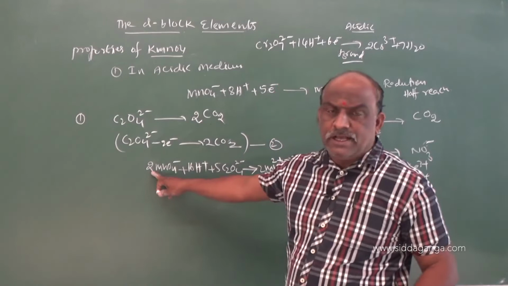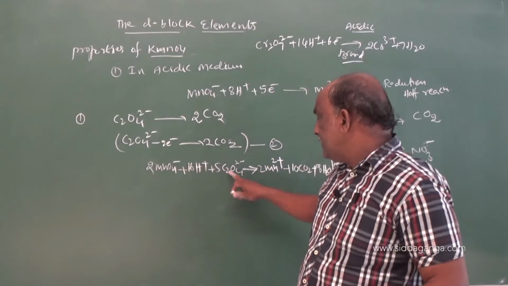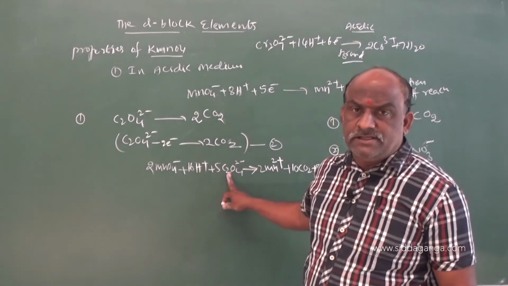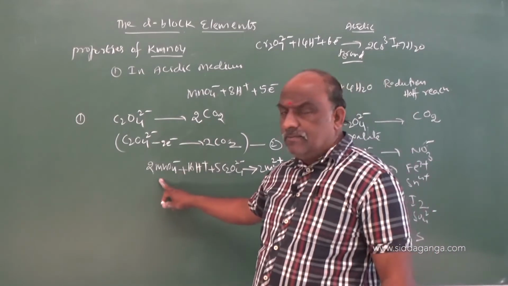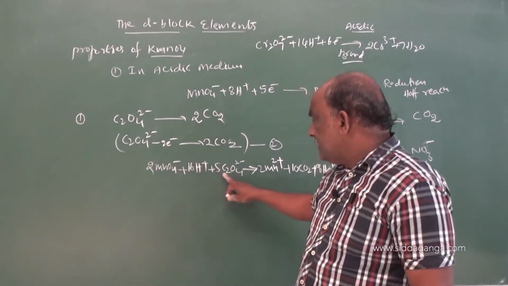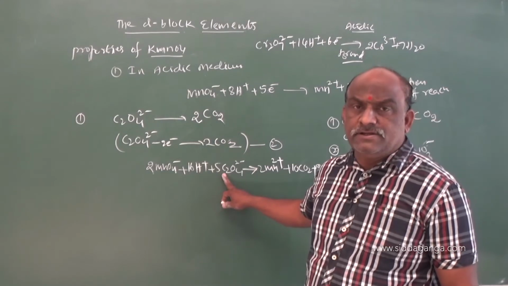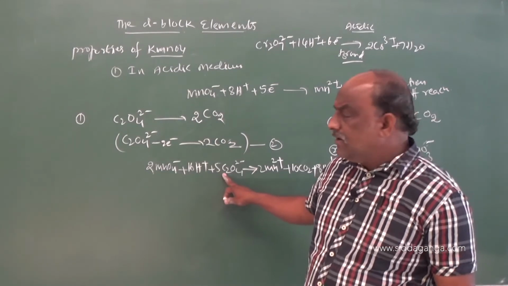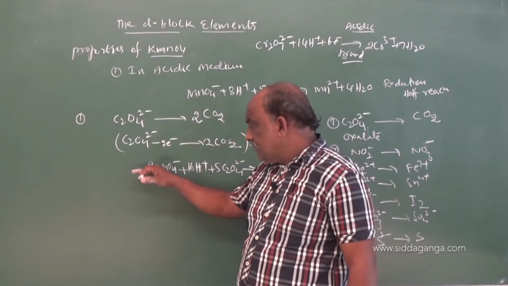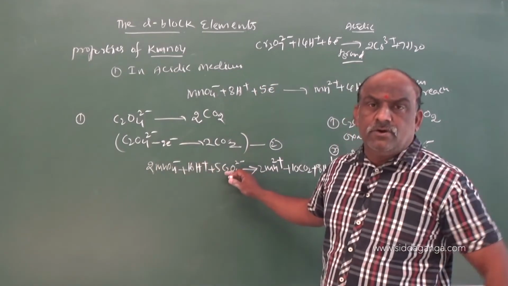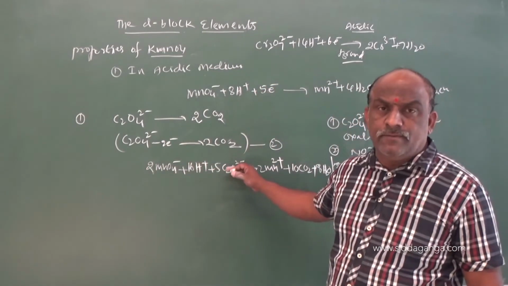2 molecules of potassium permanganate are required for 5 molecules of oxalic acid. So 1 mole potassium permanganate requires 5 by 2 moles of oxalic acid. For some numericals we have to use these coefficient values. Coefficients are useful to calculate some numericals.